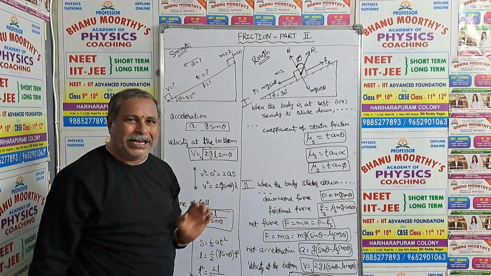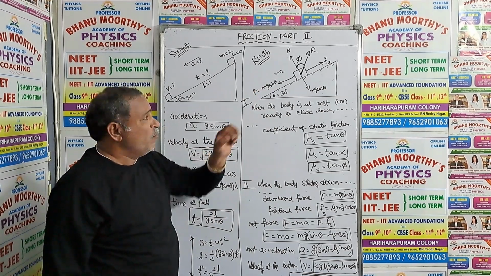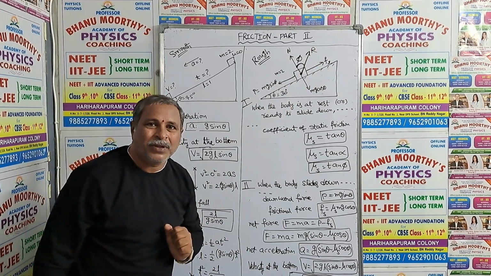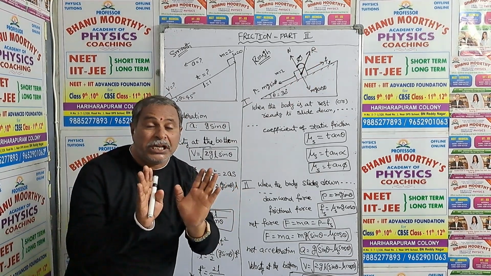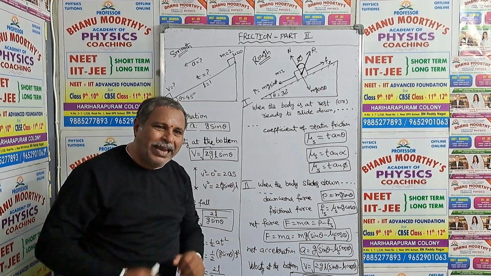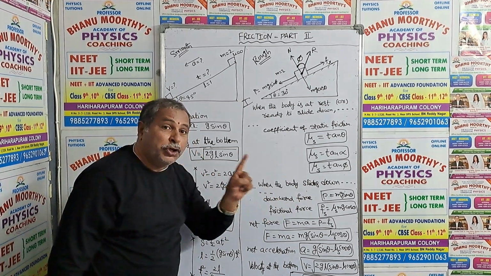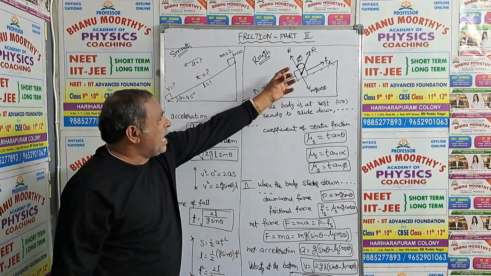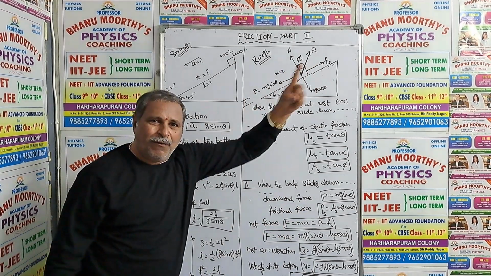Two forces along the surface: one is the pulling force of gravity, the next one is the frictional force. But they are not equal in this case because the block is sliding down. Downward force dominates over the frictional force because gravity is dominating over friction.